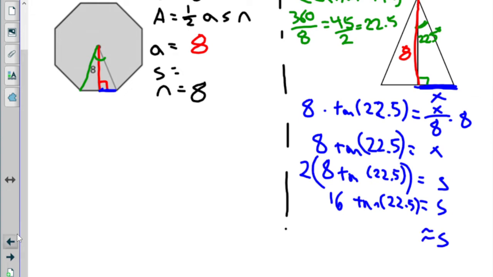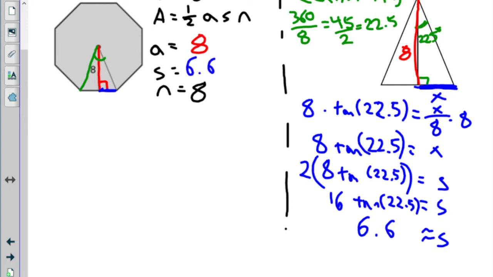You're going to see me keep the answer as I go through the calculator stuff. I'll be keeping the answer as exact as possible. So on my paper, I'm going to put in 16 tangent of 22.5. It's going to be about 6.6. So on my paper, I'll write about 6.6. And I'll put that over here as my side length.